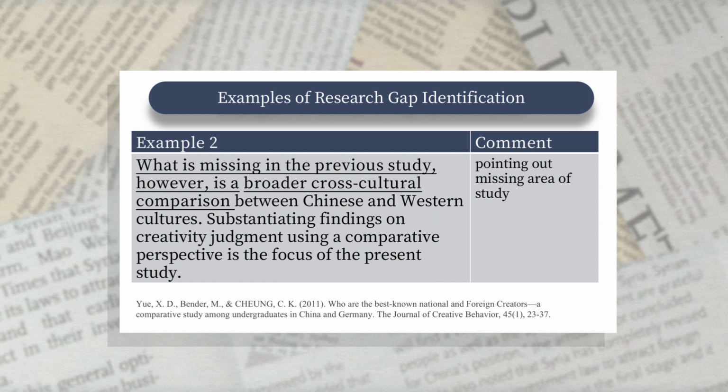And in so doing, I'm also pointing out a missing area of study and also the value of my study accordingly. So this is sort of a research gap identification. And as an editor or reviewer of a paper, I'm looking for this part, and it has to be well stated.